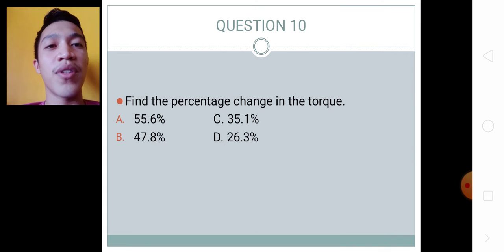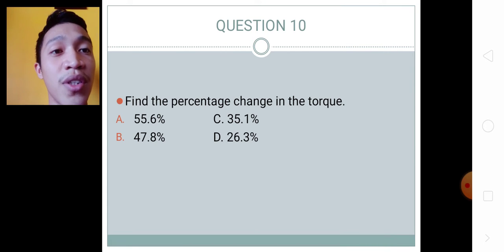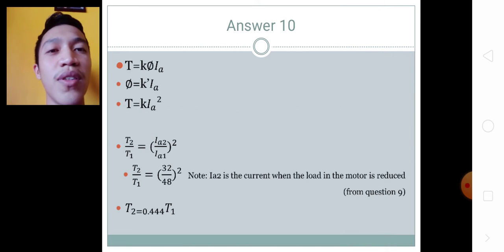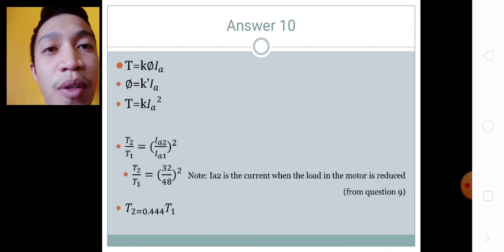Now for question number 10, find the percentage change in the torque. So torque is equal to a constant times flux times current, and that flux is equal to a constant times current. Now we input the flux into the torque equation.